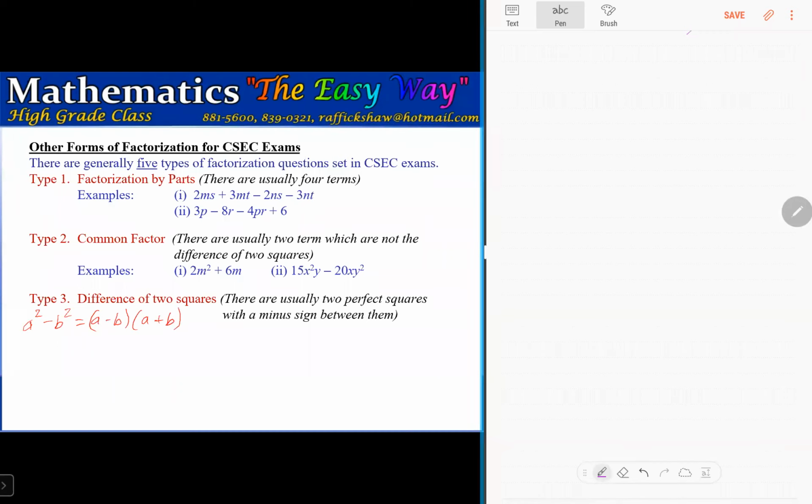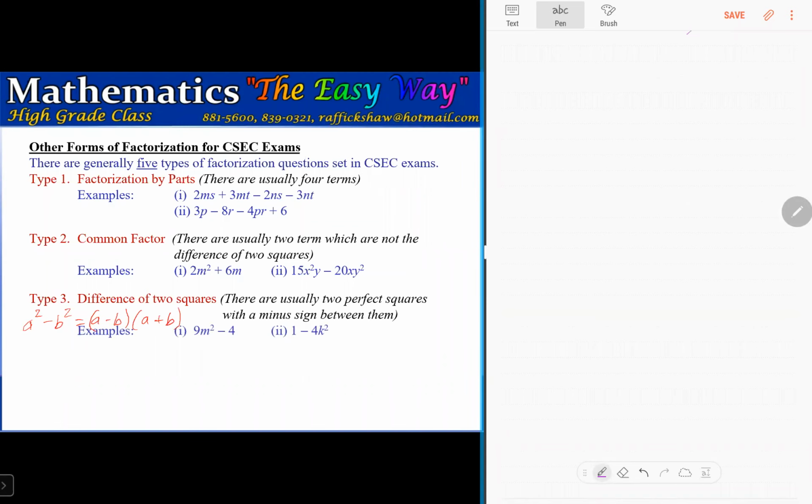This is the rule. When you get the difference of two perfect squares, it is the difference of the numbers multiplied by the sum of the numbers. A minus b times a plus b. And you don't put a square. That's the rule. All right, so that's when you have a difference of two perfect squares.